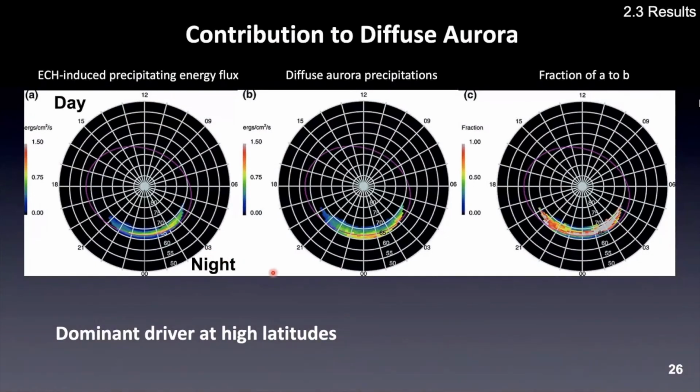This kind of work was conducted by Binbin Ni previously in our group, and he has shown that this precipitating flux agrees quite well with the aurora intensity as observed in the conjugate imager. So that serves as a validation for sure.